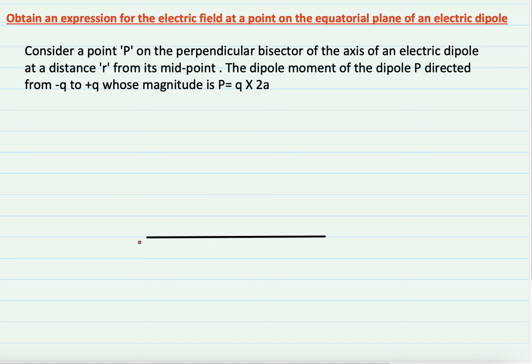So these are the two charges we'll consider here, the positive charge and the negative charge, and we'll consider a point P on the perpendicular bisector of the dipole at a distance r.